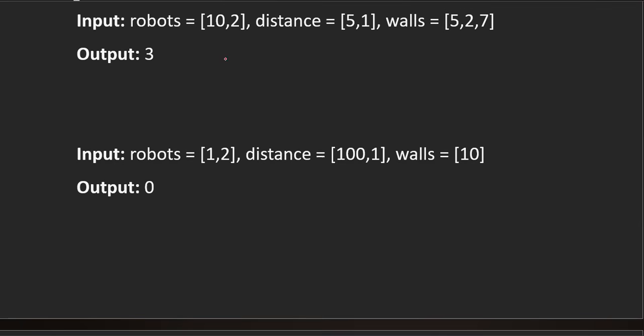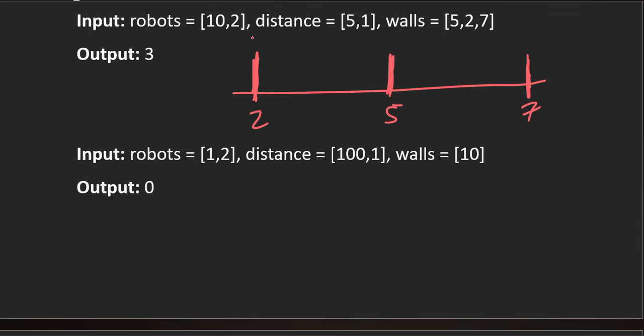In the next example we have two robots and three walls. The walls are present at 2, 5 and 7. One robot is at 2 with distance 1, and another robot is at 10 with range 5.